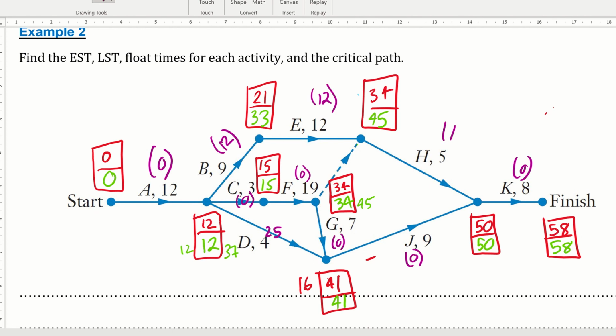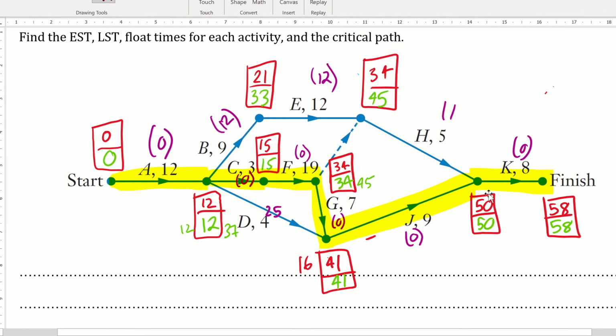All right, so there are my float times all labelled. Now dot to dot along the zeros will give me a critical path. So there's my critical path. Now, we have to actually answer the question. Labelling everything on a network isn't answering the question.